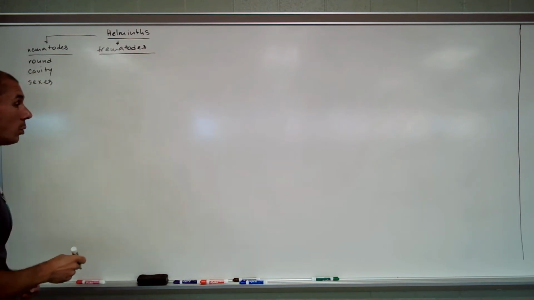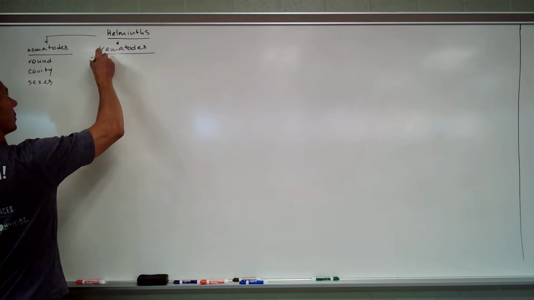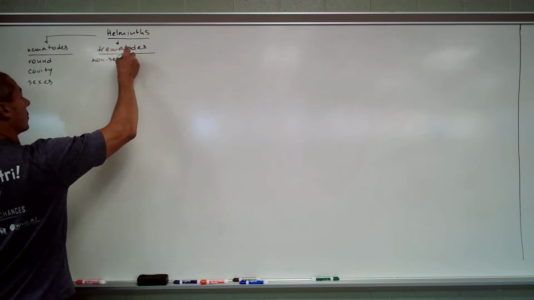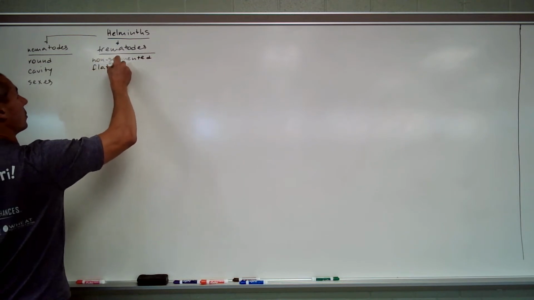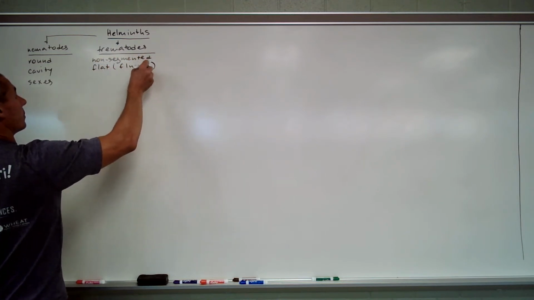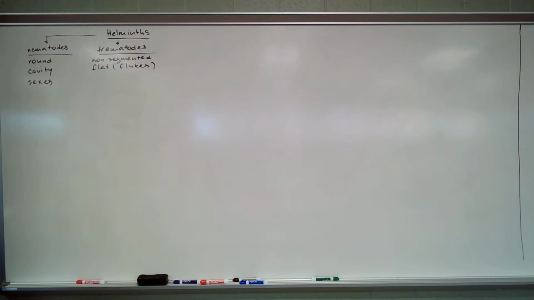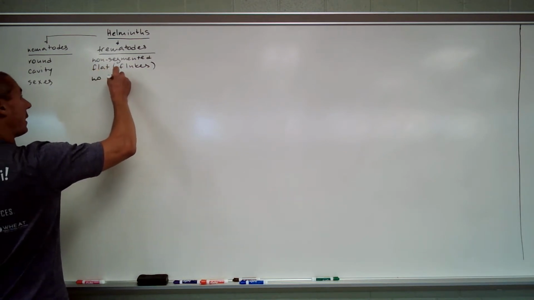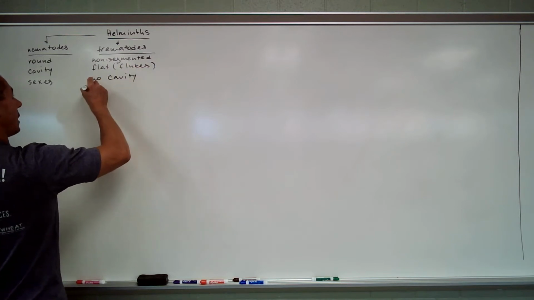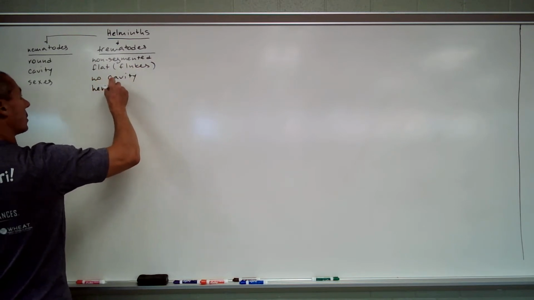So these are flatworms that are non-segmented, also known as flukes. They have no body cavity, and they are hermaphrodites.